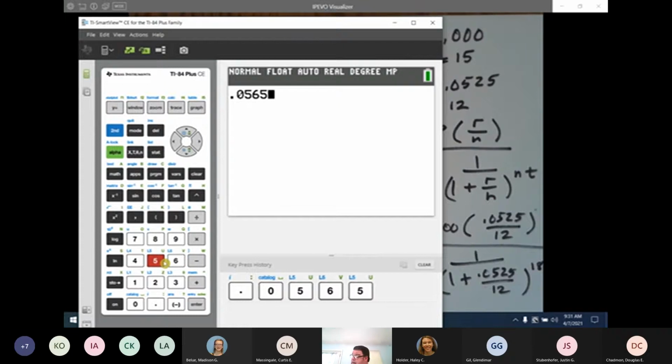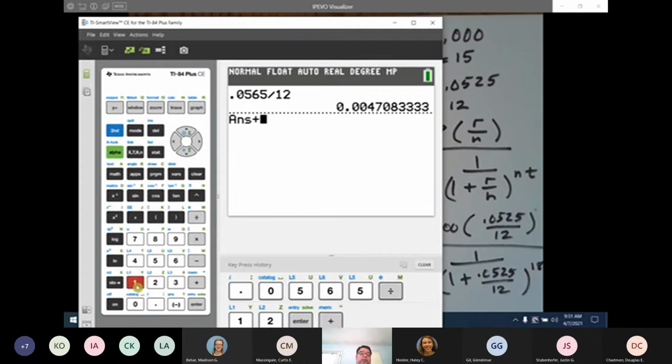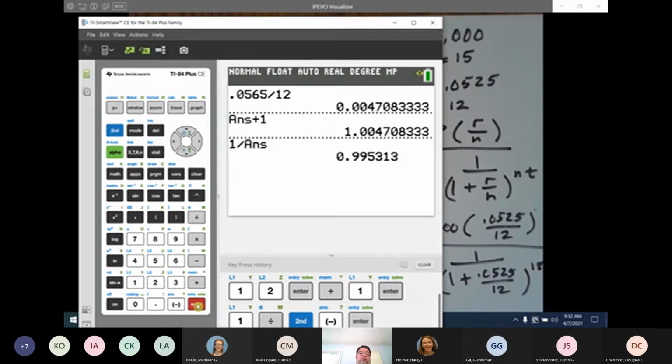0.0565 divided by 12 plus 1, and I'm going to divide 1 by that number. And I'm going to raise that to the 360th power.